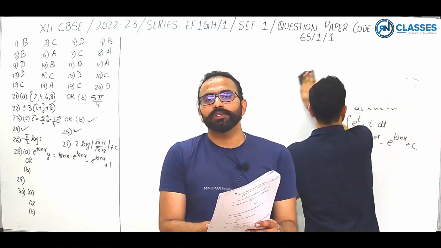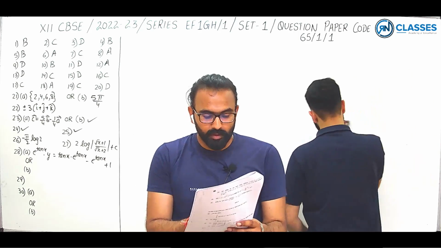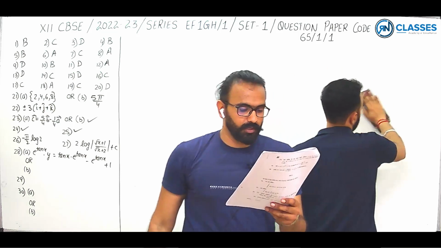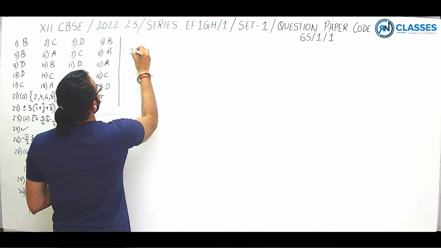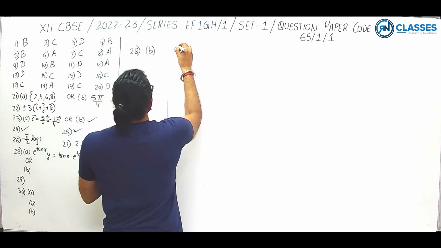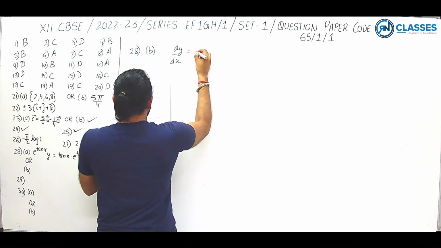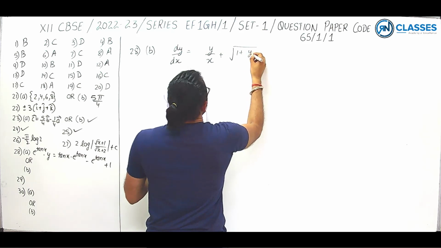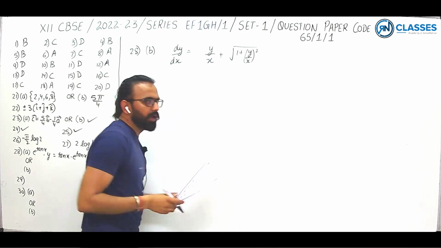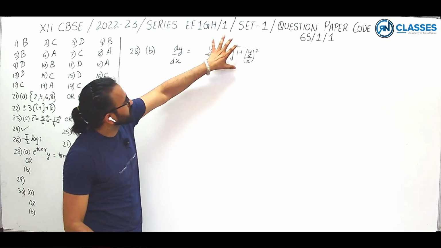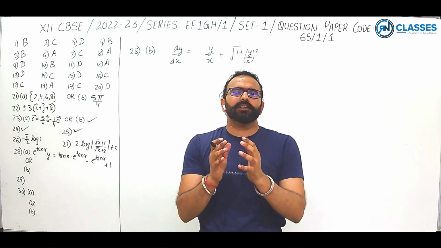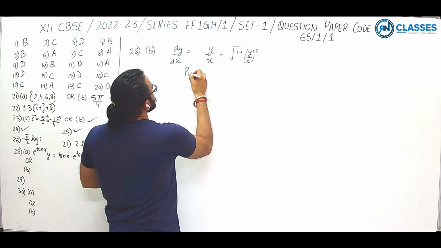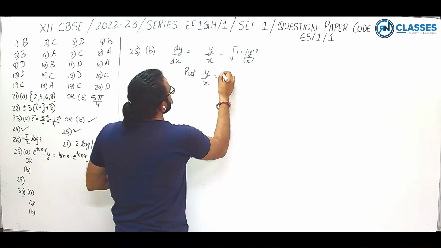As soon as you club the dx terms, you will get to know that dy by dx turns out to be y by x plus root of 1 plus the whole square of y by x. And clearly you can see that on the right hand side this complete expression is in terms of y by x. So to solve this, we will put y by x equals v.